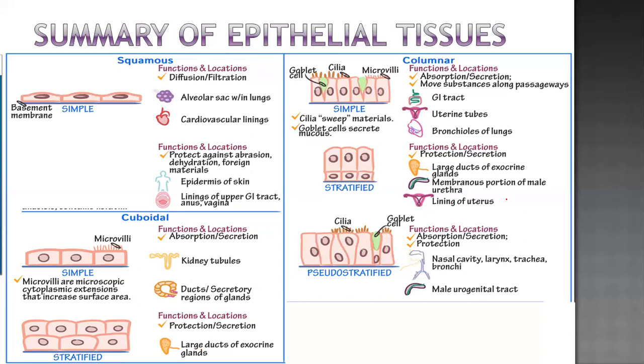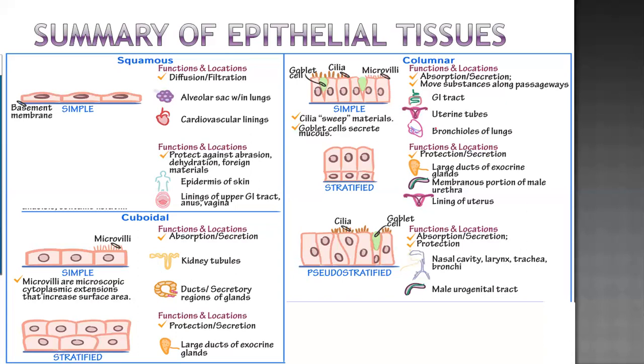Then we are having columnar cells. So columnar cells are having different types, like stratified, what we have studied about, like ciliated columnar cells, and here we have studied about stratified squamous epithelium. So they are having almost the same functions as simple squamous and stratified squamous, for the protection and the movement.